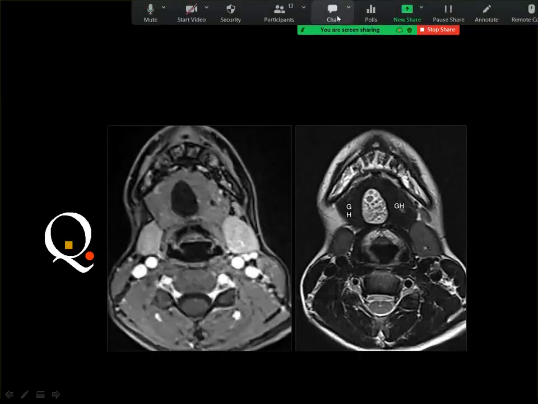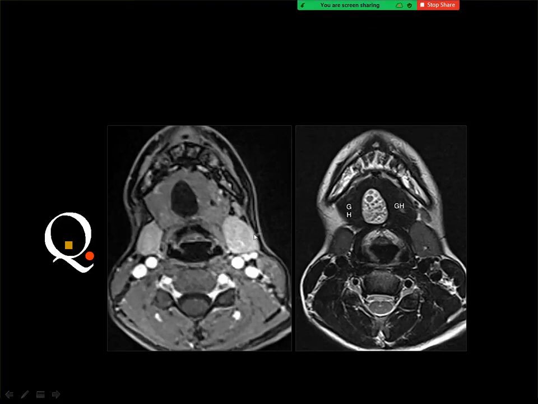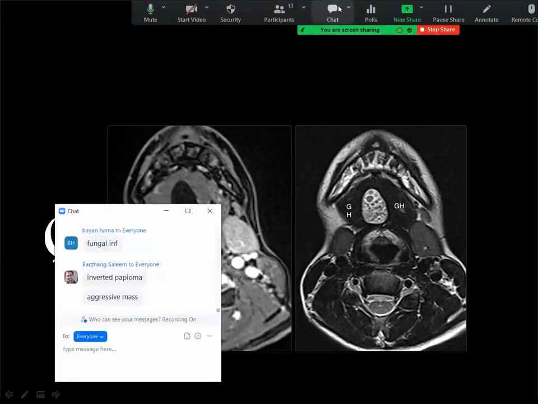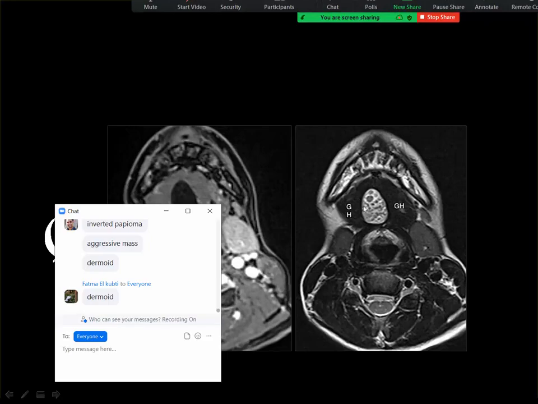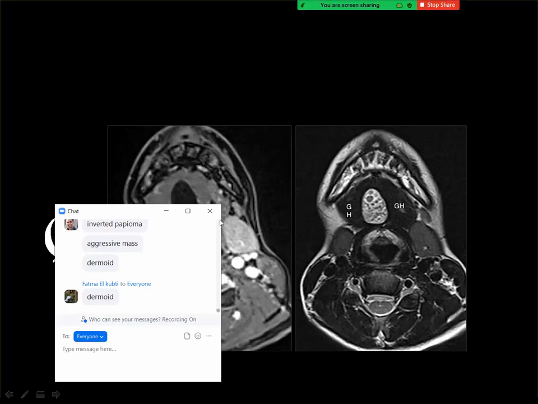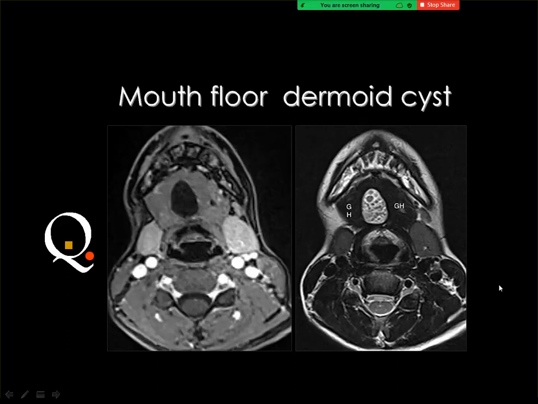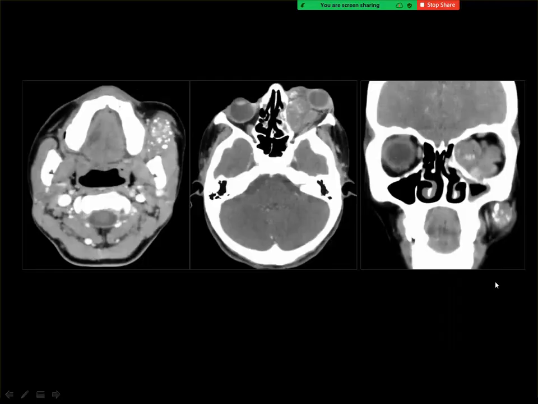Next case is an easy one. This is a post-contrast T1 fat set for the mouth floor, and this is a T2 weighted image, and the answer is easy. This is a spot diagnosis case of dermoid cyst in the floor of the mouth with the characteristic sack of marbles sign, as you of course have heard in the lectures.